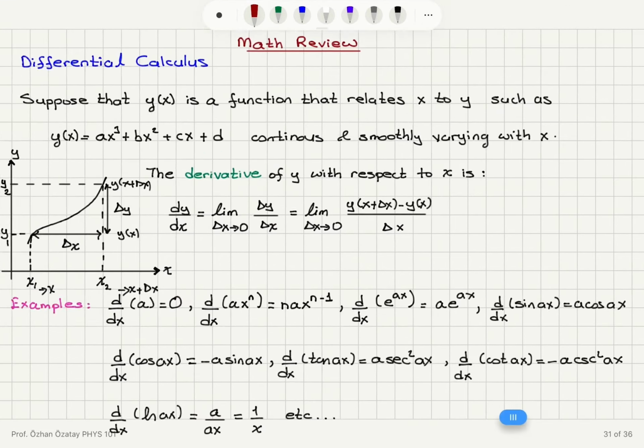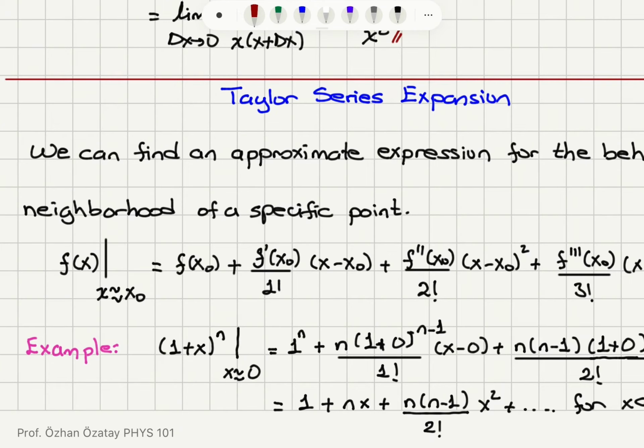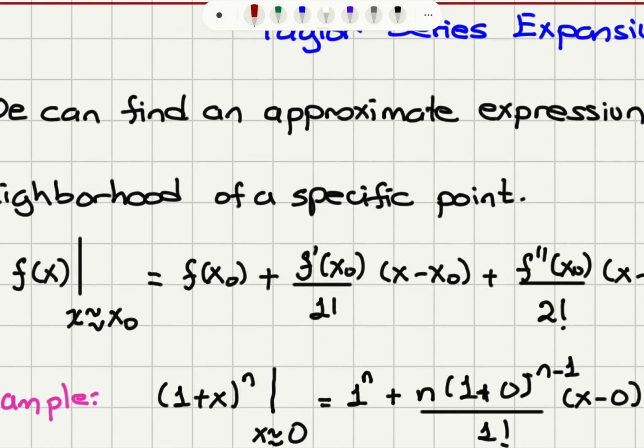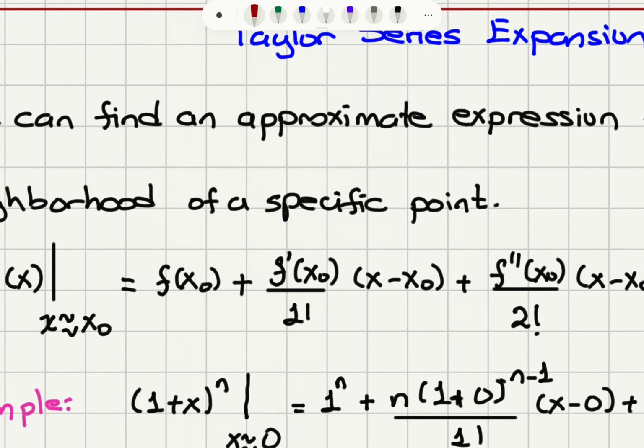So that's the question. The Taylor series expansion is basically the first term: we evaluate the function at that point. We're trying to find the behavior of the function at x equals x0, so first we evaluate it. Then we take the derivative with respect to x, evaluated at x0, divided by 1 factorial, which is 1, multiplied by x minus x0.